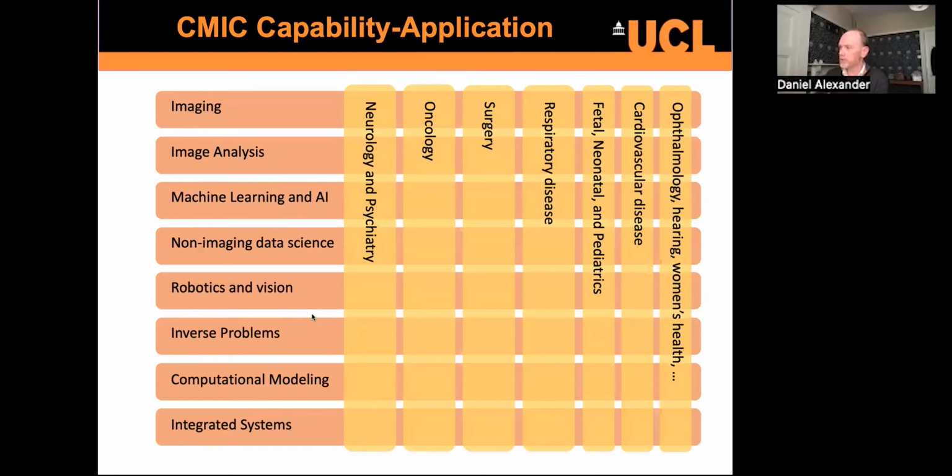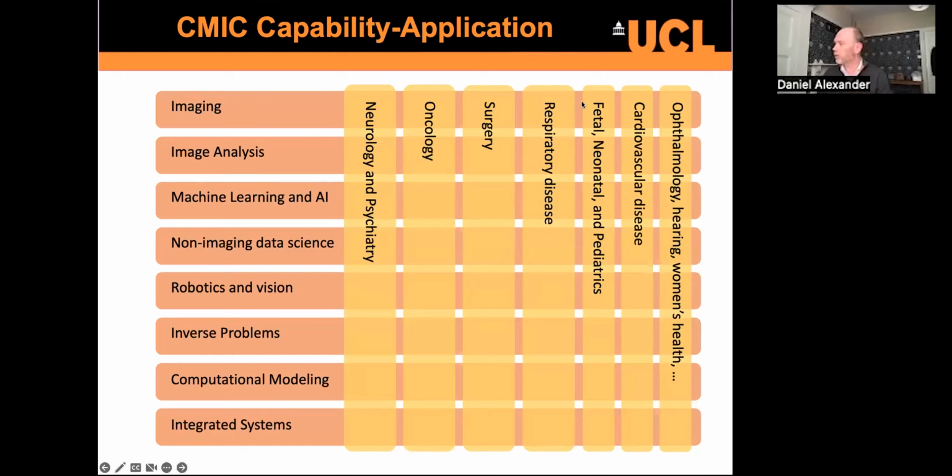This just summarizes the expertise we claim on the left. So that reflects us belonging primarily to computer science and medical physics. And really the applications are on the vertical bars here. The point I often make about this slide is that we don't have a particular medical focus on any medical speciality.